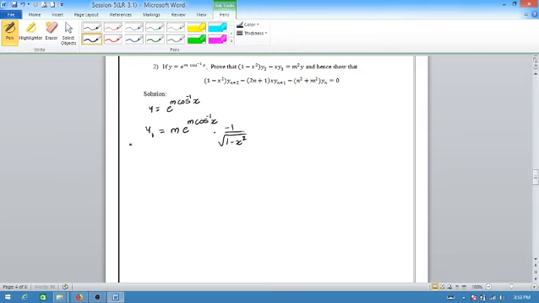So now here you need to cross multiply. So that is root of 1 minus x square into y1 is equal to m into e to the power of m cos inverse x, right?